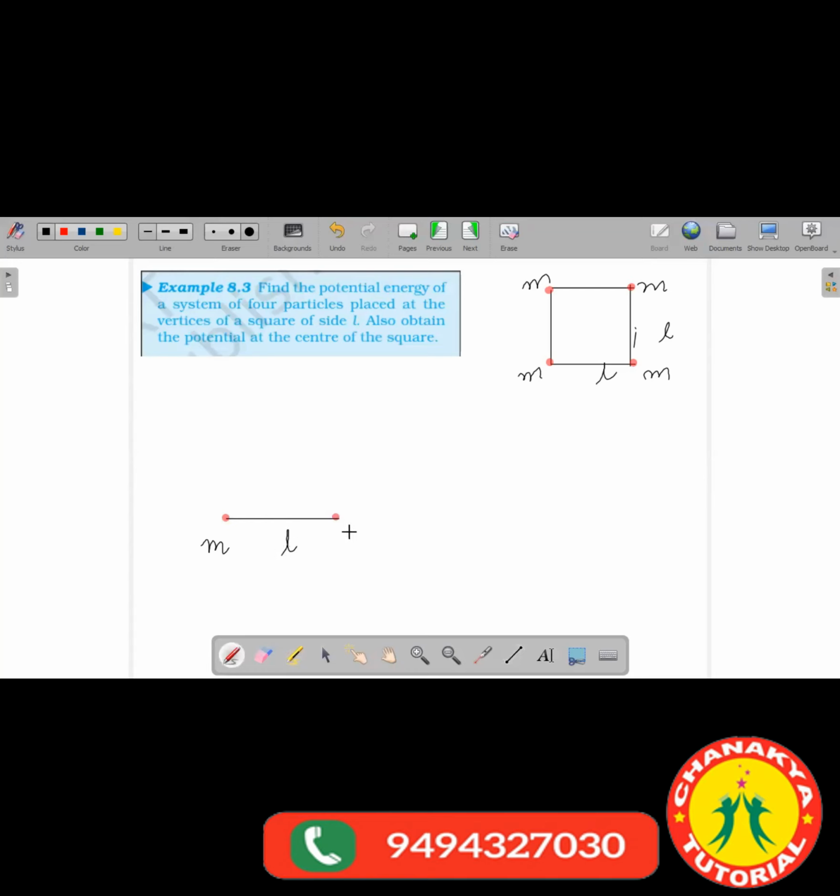Okay. So the amount of work done, or the gravitational potential energy of this system, would be given by the potential at this point. Let's say this is your point A, this is your point B. So it should be equal to the potential at this point due to the mass at A multiplied by the mass. I can find the potential by the expression of potential as minus Gm over R. This represents the gravitational potential at this point.